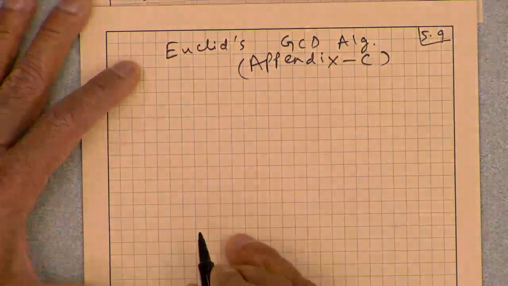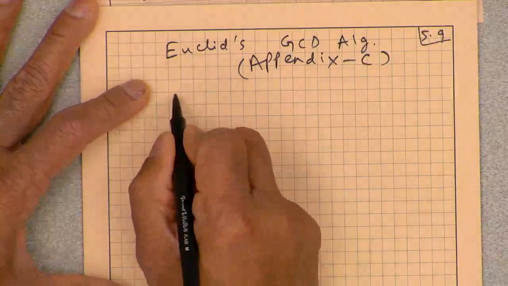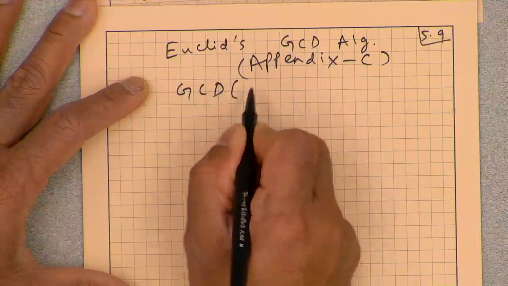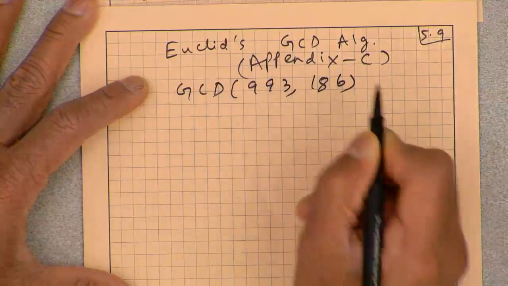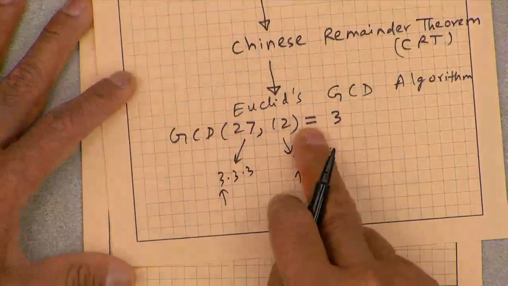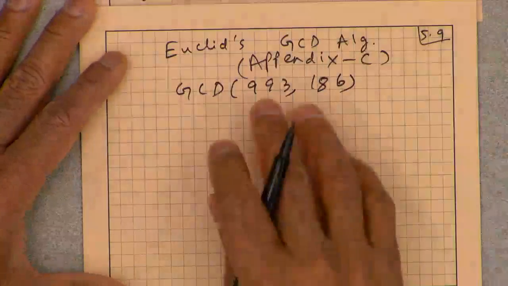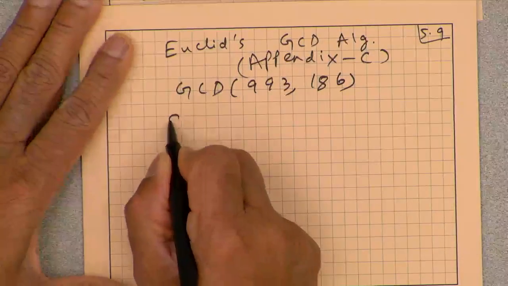So this is from appendix C of the book. Let me just take the example from the book. We want to compute the GCD of 993 and 186. These are not trivial numbers like 27 and 12, but maybe a little bigger. Here is how the algorithm works.